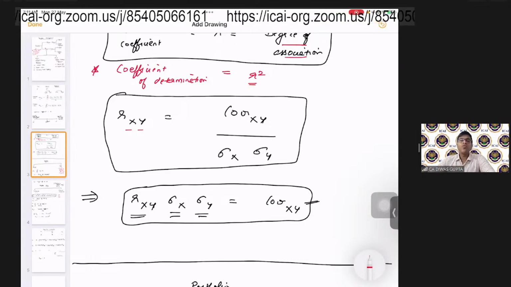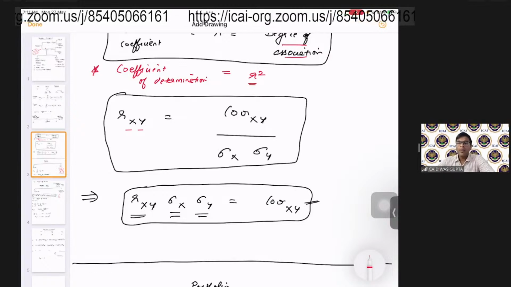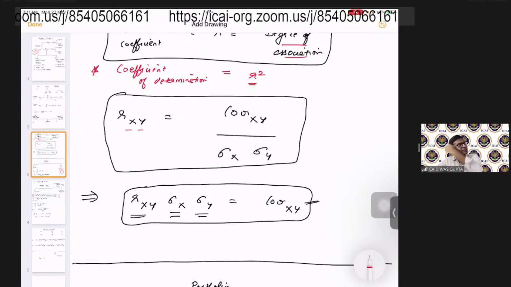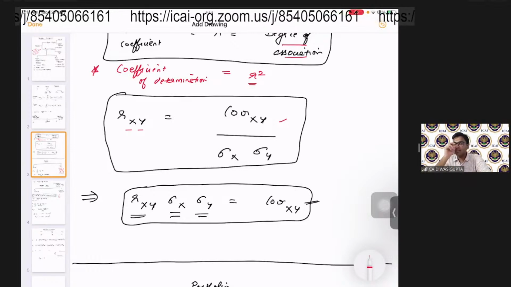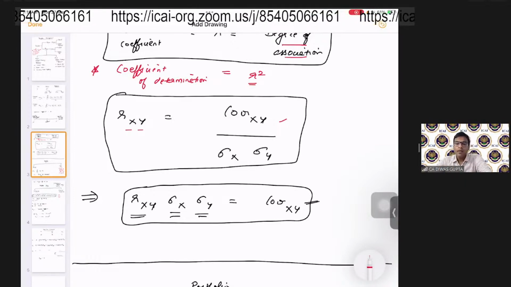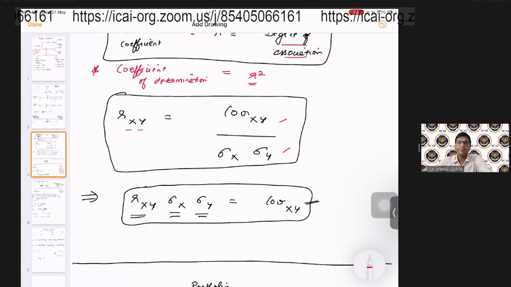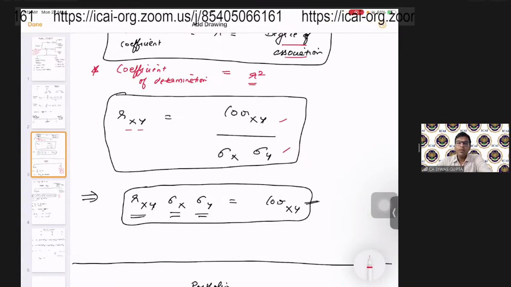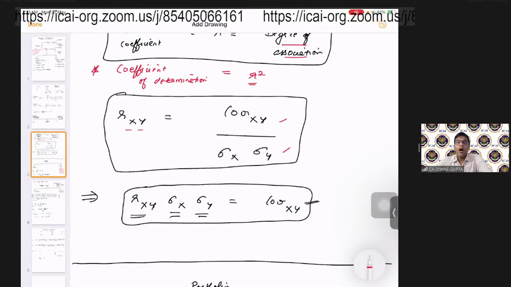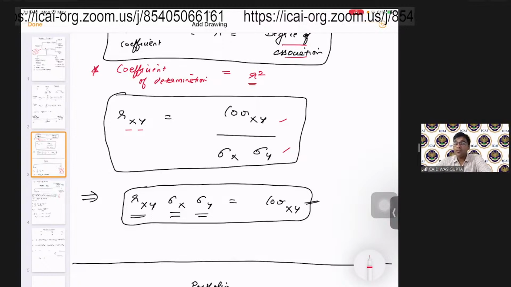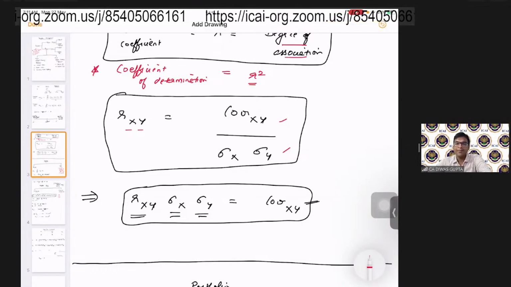So the correlation coefficient between returns of both X and Y can be calculated as covariance of X and Y. So first of all, we will take covariance. We have studied above what is the formula of that covariance, divided by standard deviation of X and standard deviation of Y. So if we do this, then we will be able to understand how and in what manner, in what extent the movements will happen.